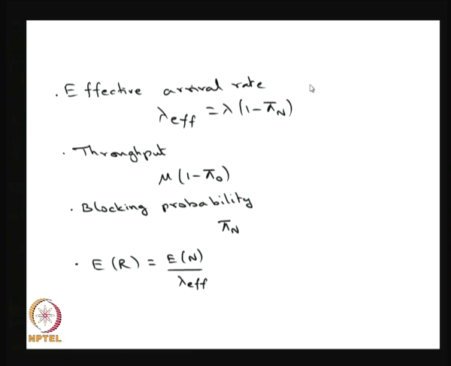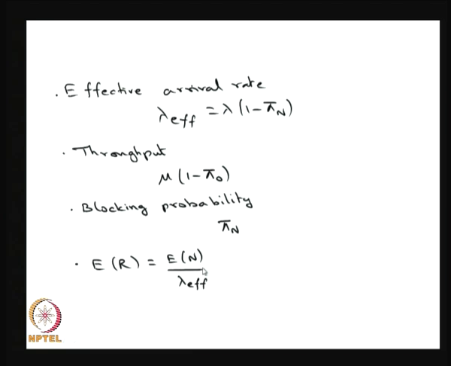Therefore, the blocking probability is the same as the probability that the system is full, that is pi N. Once we know the steady state probabilities, you can find out the average number of customers in the system, and using Little's formula you can get the expected time spent in the system by any customer, divided by not lambda, but lambda effective, because the effective arrival rate is used in Little's formula, not the arrival rate.